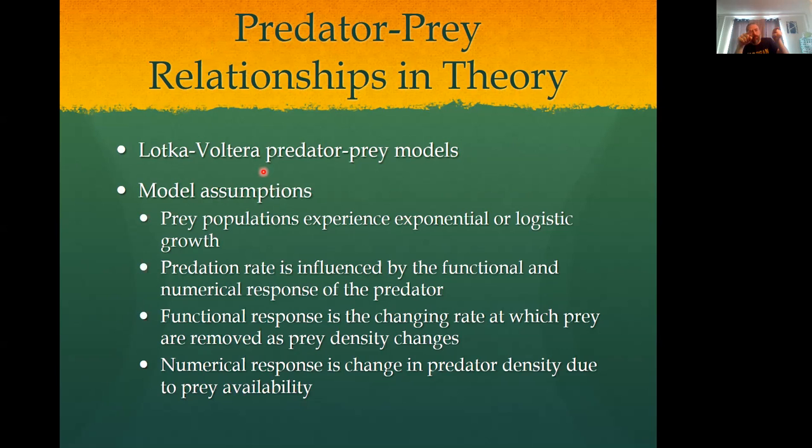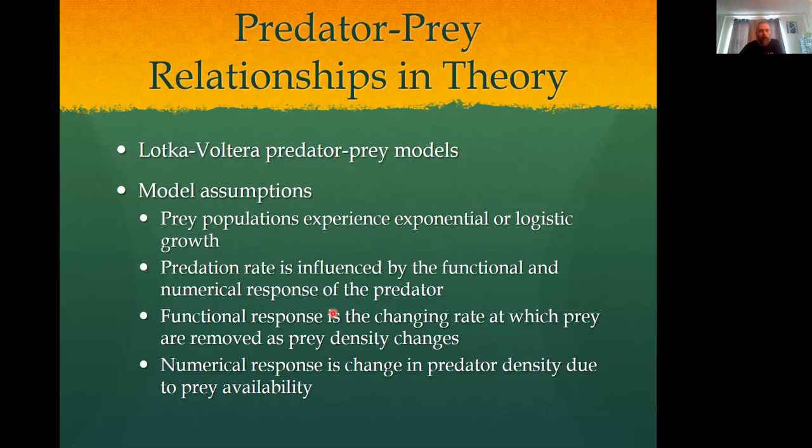Then as prey populations decline, predator populations decline, but again, lagging behind a little bit. Coming out of this is an important concept called the functional response, right? The functional response is basically how the up and down population of the predator affects the up and down population of the prey.